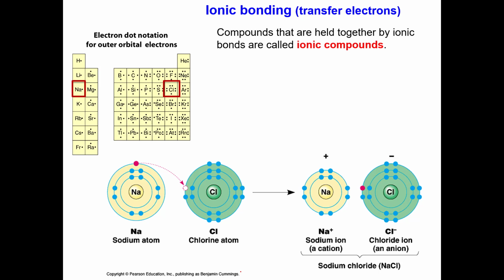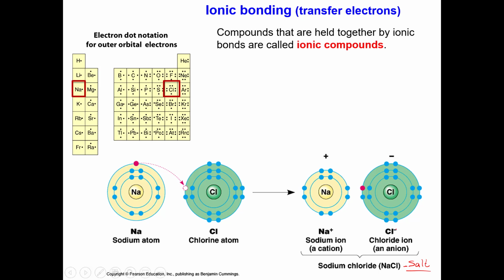That electric force keeps sodium and chloride together, and they form sodium chloride. This is the new compound with different properties. Sodium chloride is the same as the salt we use to cook.